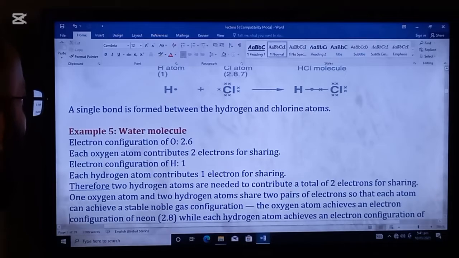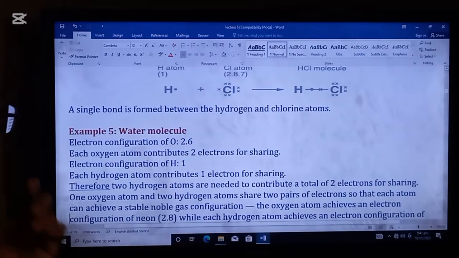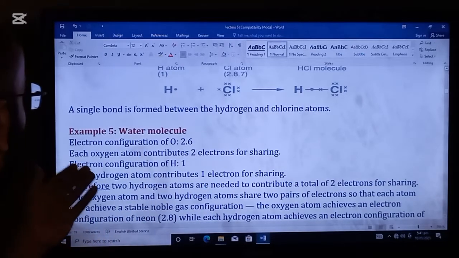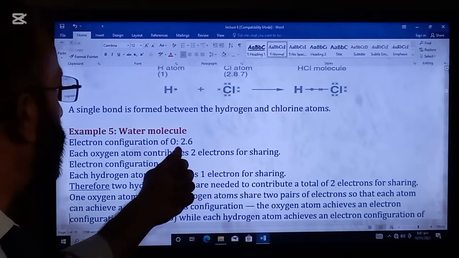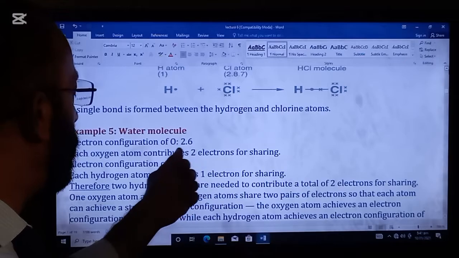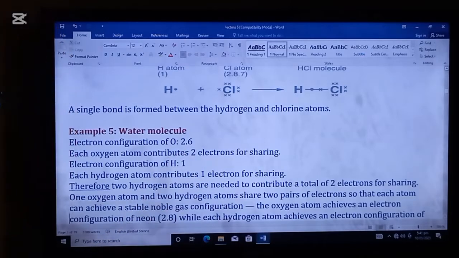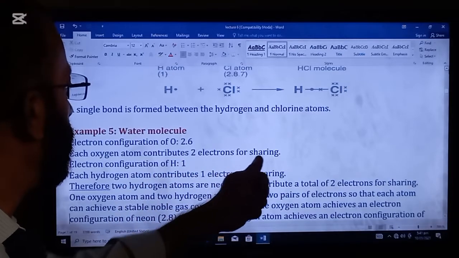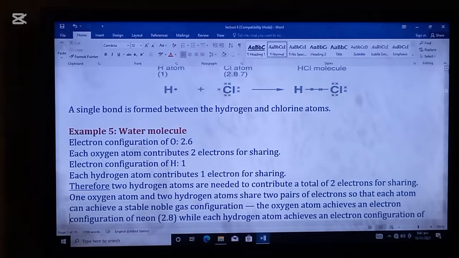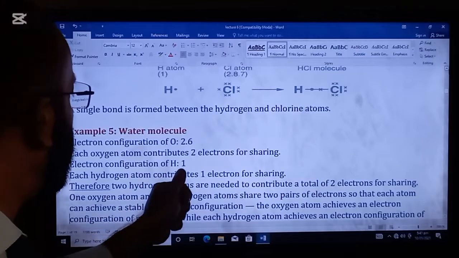Another example is here, water molecule. Electron configuration of oxygen is 2,6. From here we can see oxygen requires 2 electrons to achieve noble gas configuration. So each oxygen atom contributes 2 electrons for sharing. Electron configuration of hydrogen is 1.